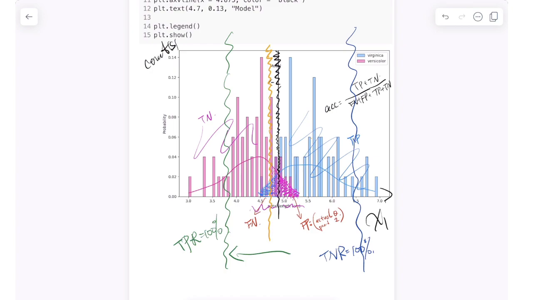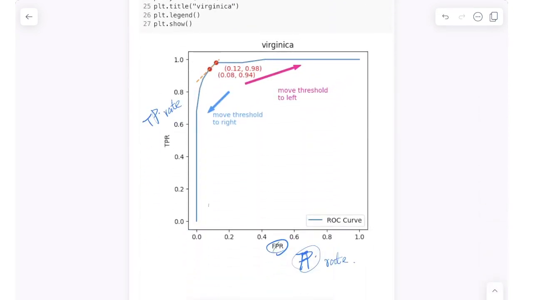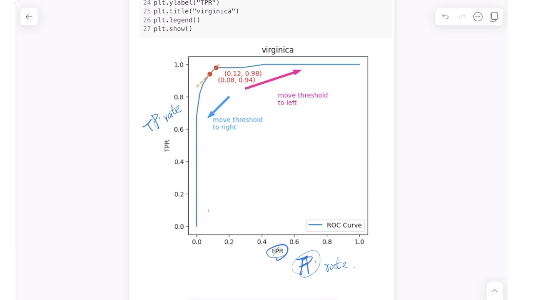Right? So if you move your boundary line, you can see that your false positive rate and your false negative rate will change correspondingly. So here is how we describe such things.